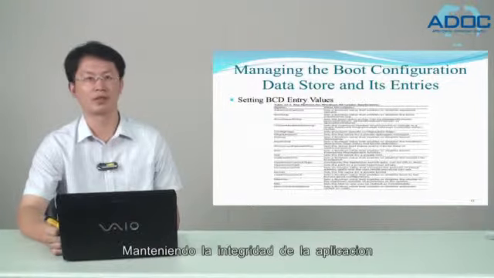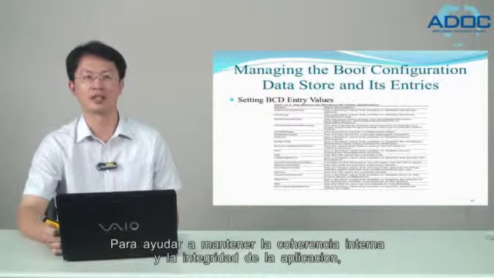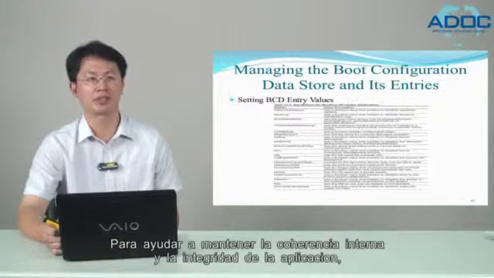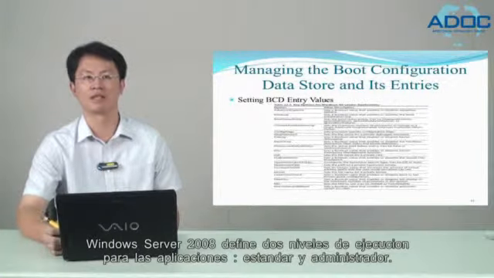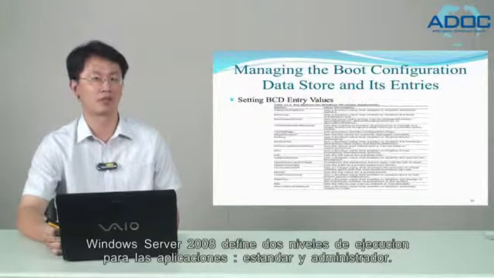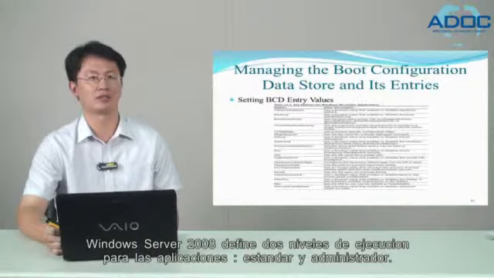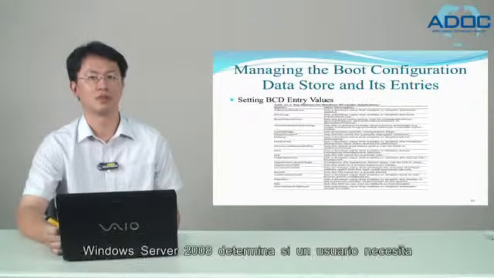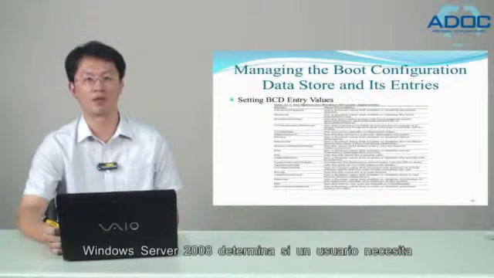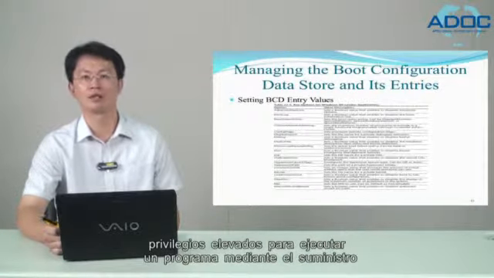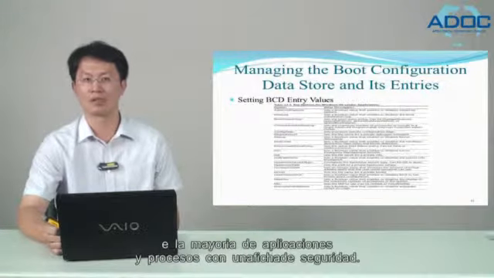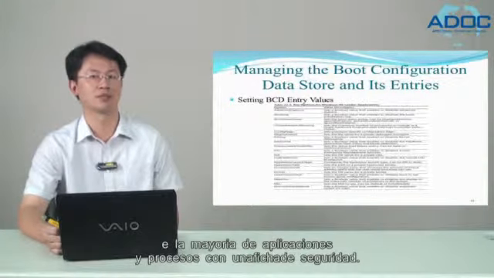Maintaining application integrity: to help maintain internal consistency and application integrity, Windows Server 2008 defines two run levels for applications, standard and administrator. Windows Server 2008 determines whether a user needs elevated privileges to run programs by supplying most applications and processes with a security token.